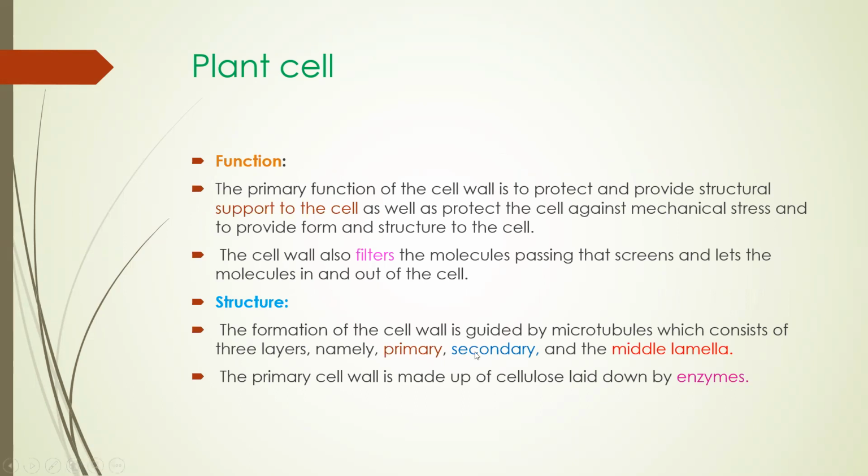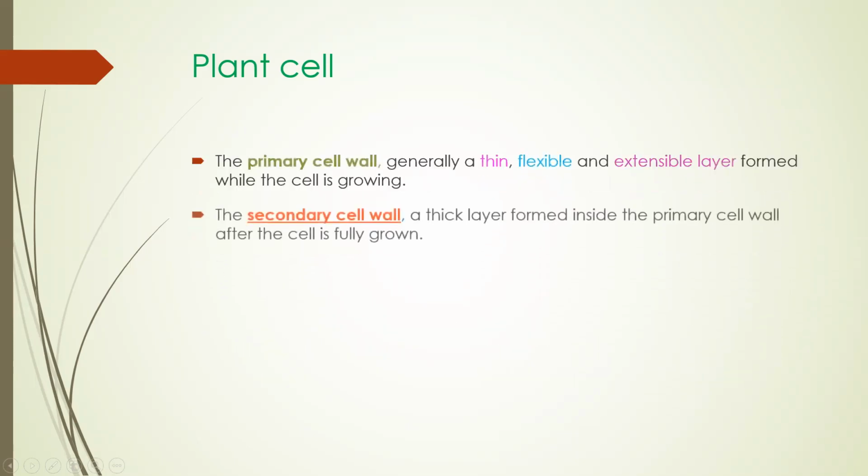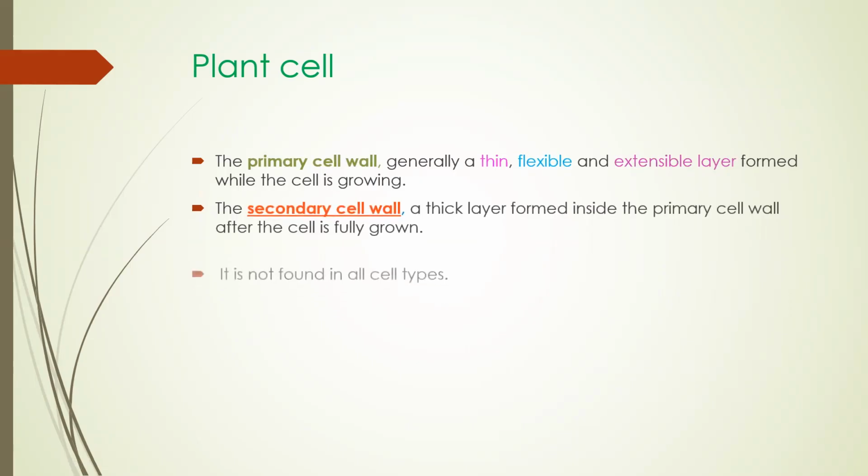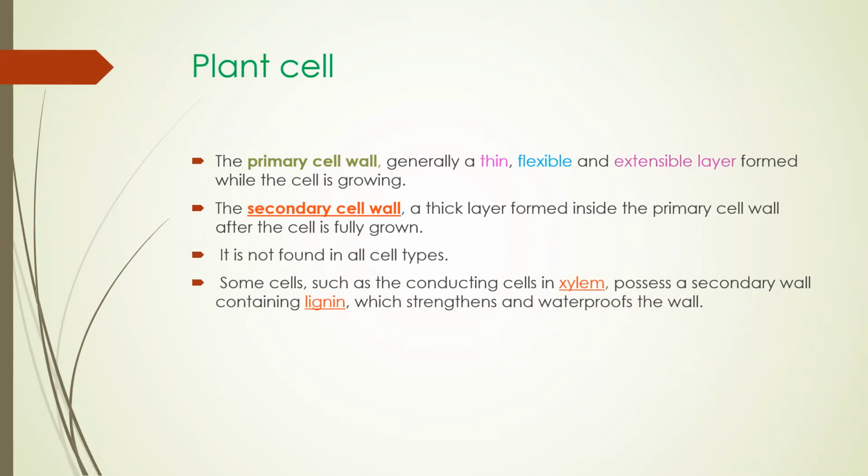Next one is the secondary cell wall, a layer containing lignin, which is like waterproofing the wall. Do you understand? Third one is the middle lamella, a layer rich in pectin. It is made up of pectin.